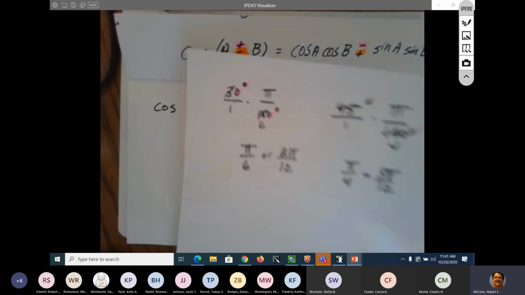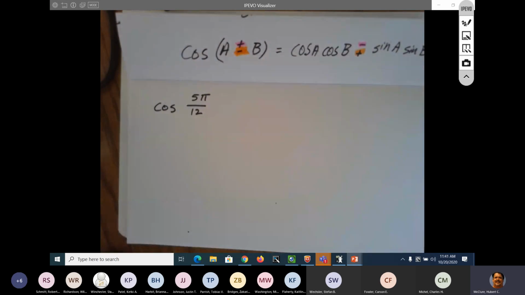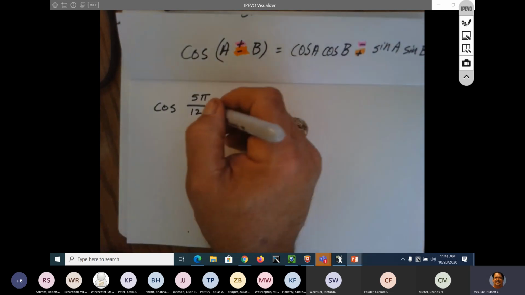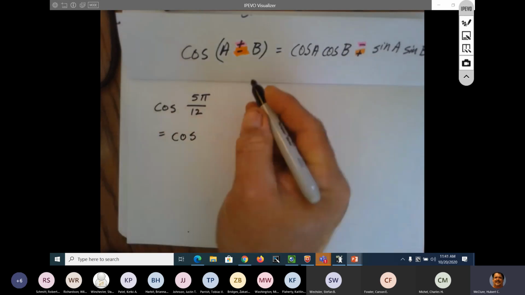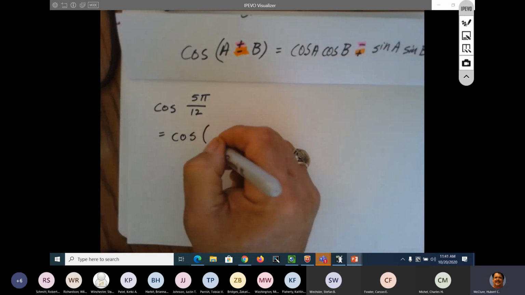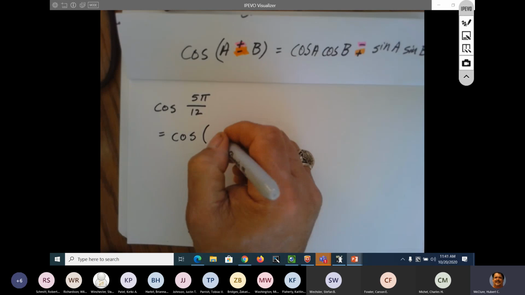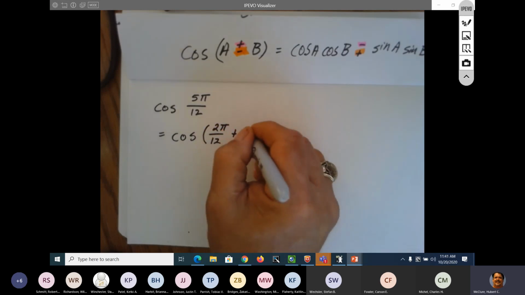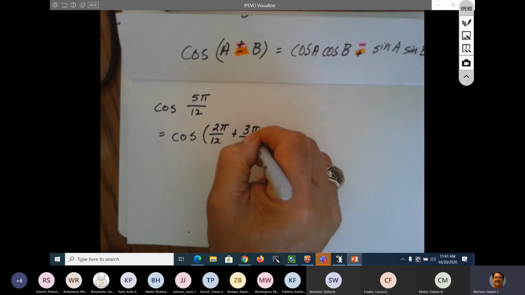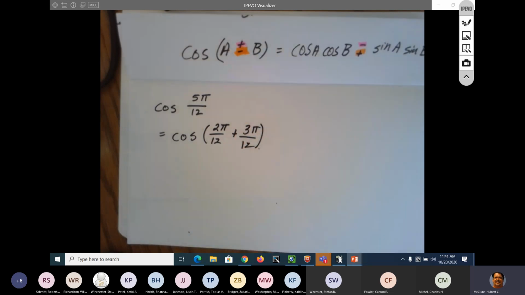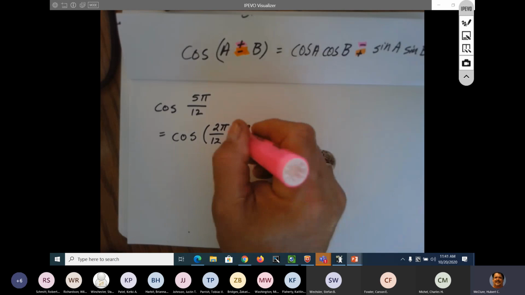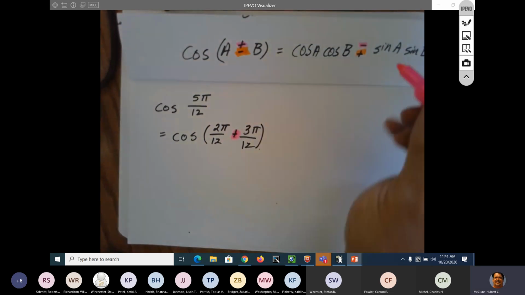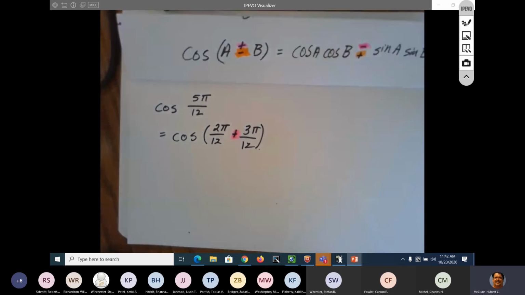So let's see what happens. Cosine of 2 pi over 12 plus 3 pi over 12. All right, take a minute and plug and chug. Now we know that this is plus, so this plus right here is going to fall in line with that negative right there.